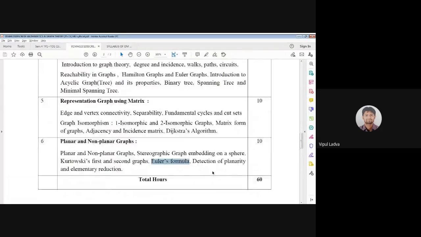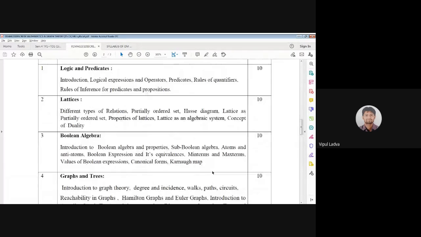Okay, and it's quite cruel to talk about the first midterm examination in the very first lecture, but I need to inform you that for the first midterm examination, I'm planning the first unit, that is logic, predicates, and lattices.